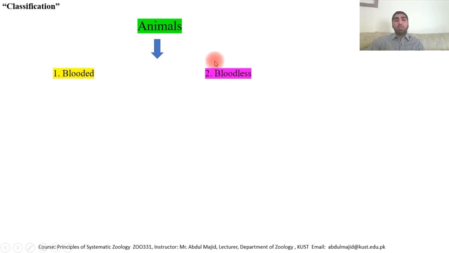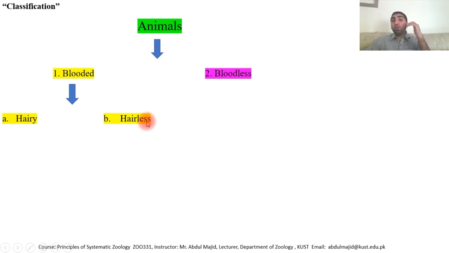And then the blooded were divided into hairy and hairless. For example, birds don't have hairs, while mammals have hairs. So subordinate groups were divided into further subordinate groups.